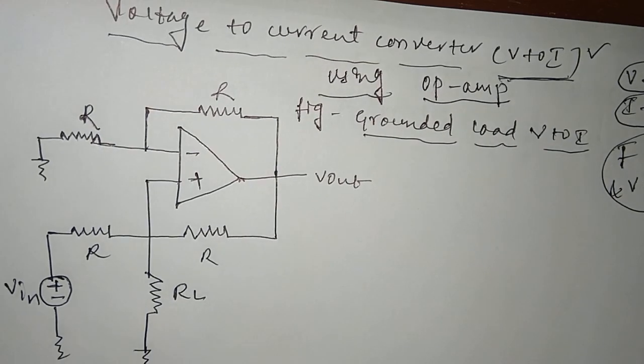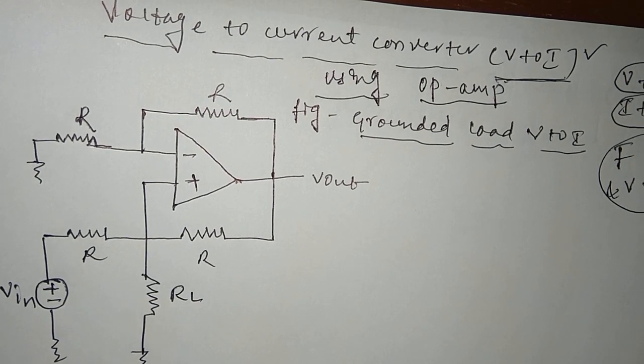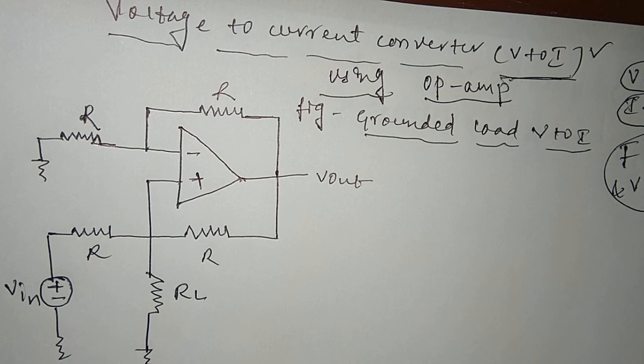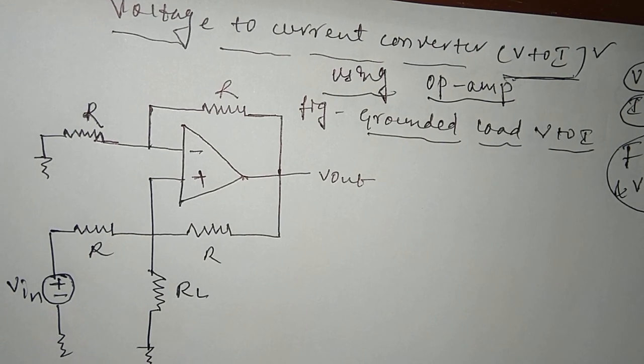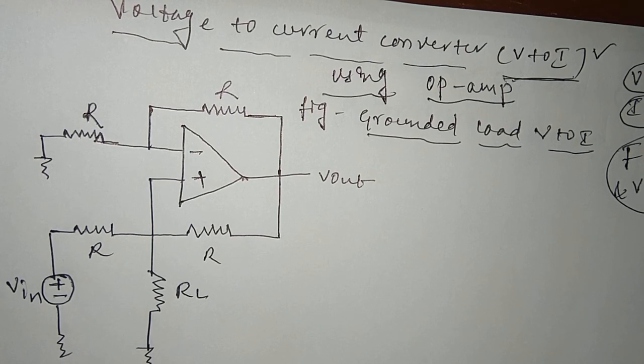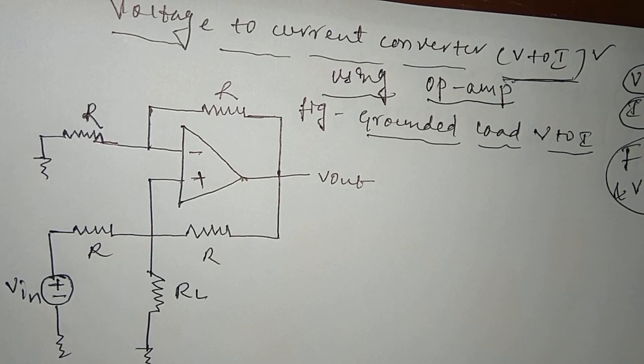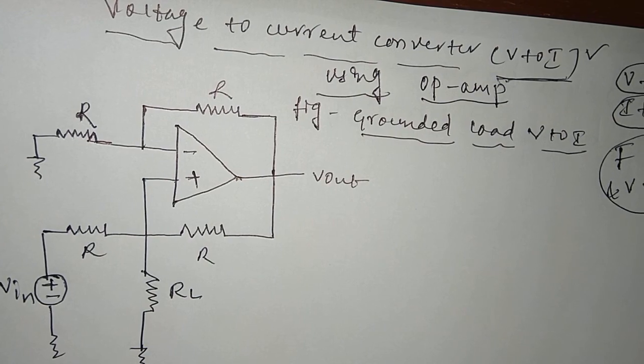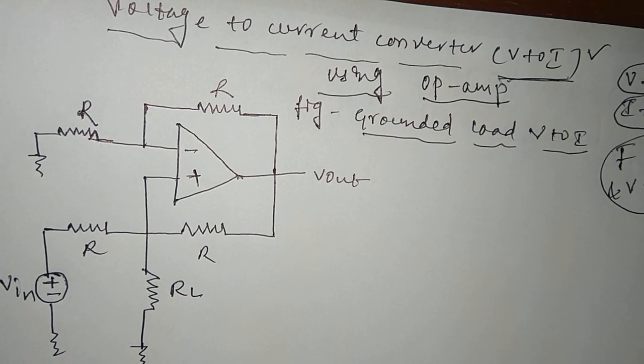All these physical parameters are converted either into voltage or current, and then transmitted to the location where they are required.